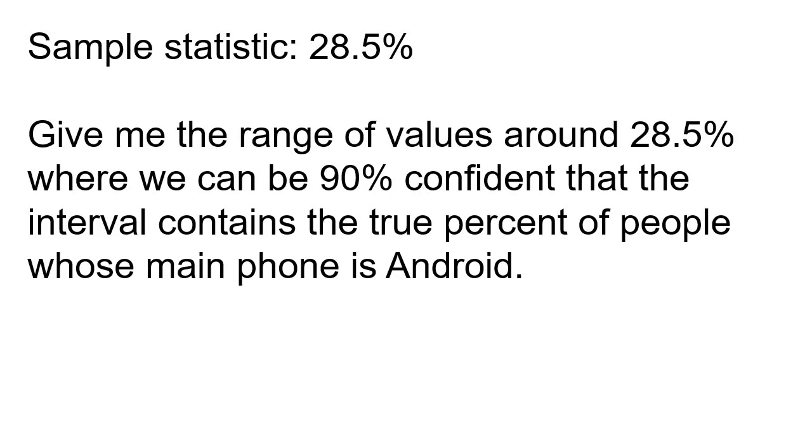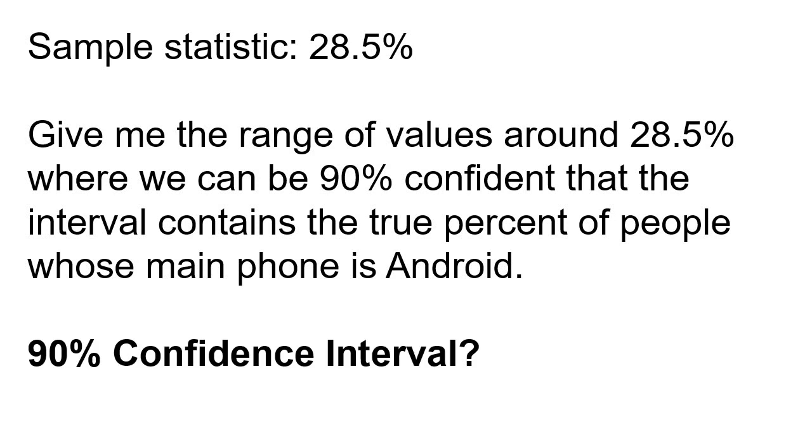So let's say from our previous example, I did a survey and it turns out from my survey that 28.5% of people use Android as their main phone. So you can say, give me the range of values around 28.5% so that I can be 90% confident that that interval contains the true percent of people whose main phone is an Android.